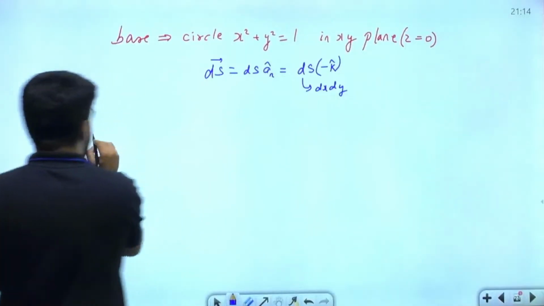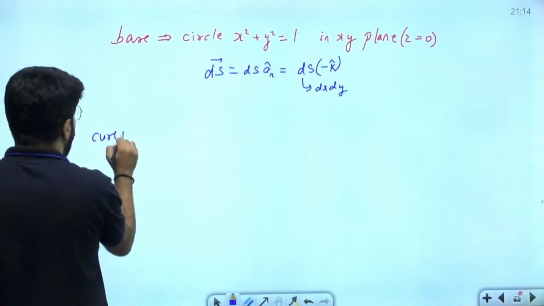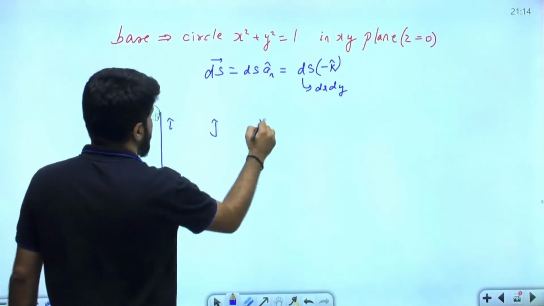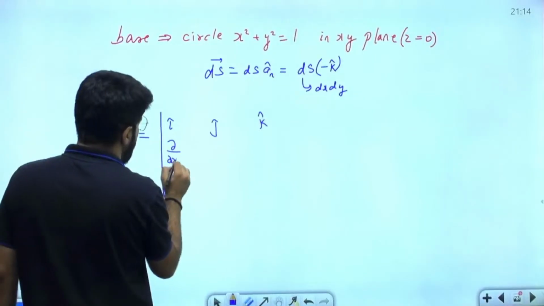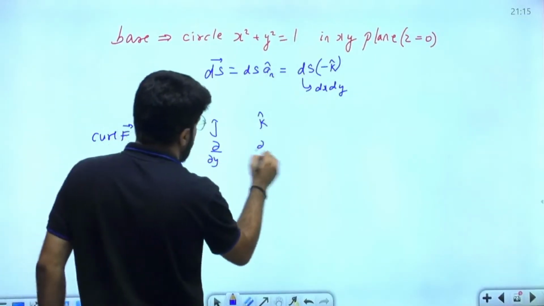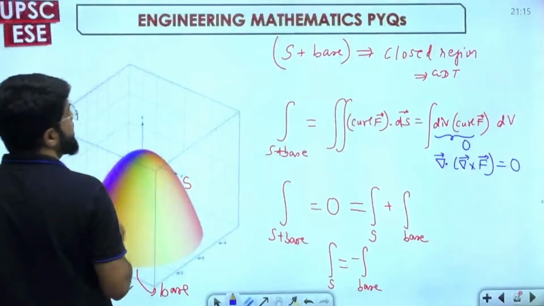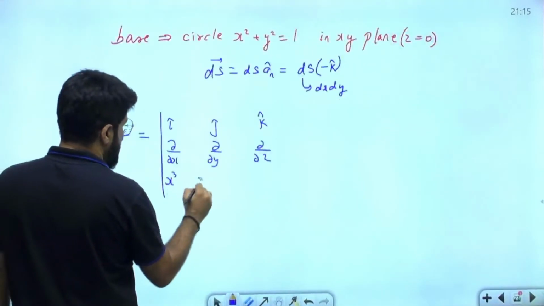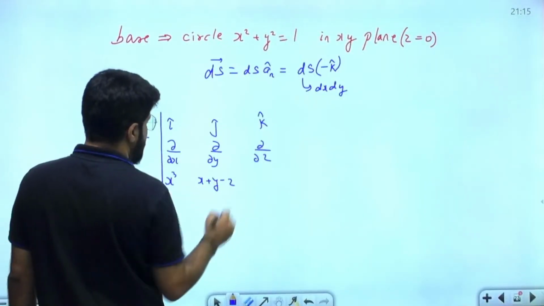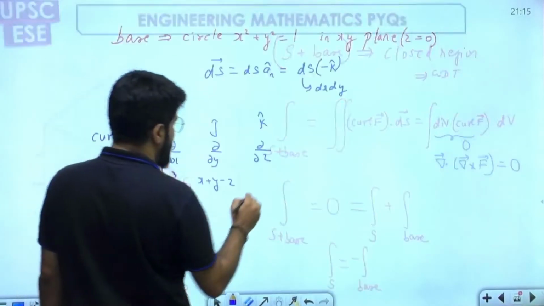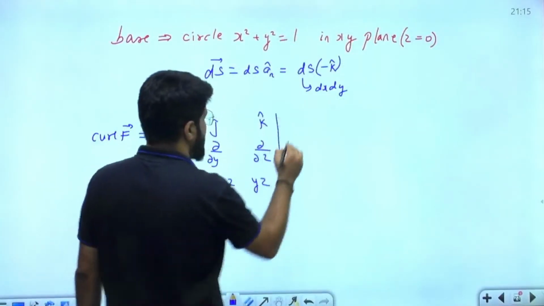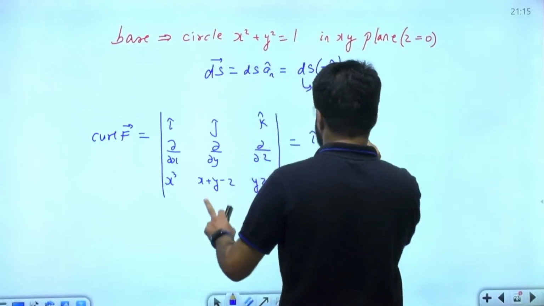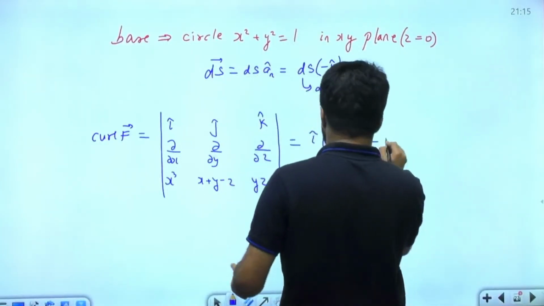Next is to solve the integral. I need the curl F also, so let me quickly wrap up this calculation. What is the vector F given to me? F is x cube, x plus y minus z, and yz. Curl F is then equal to i cap times del by del y of yz, which is z, minus del by del z of the second component, which is minus 1, so z plus 1.